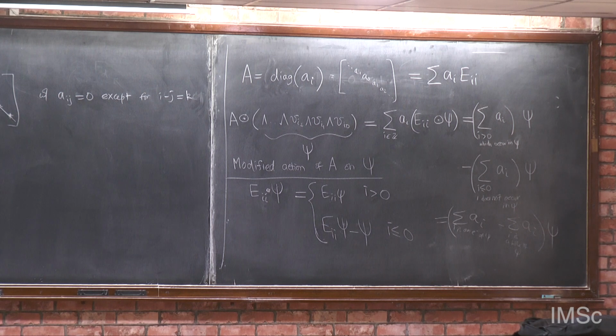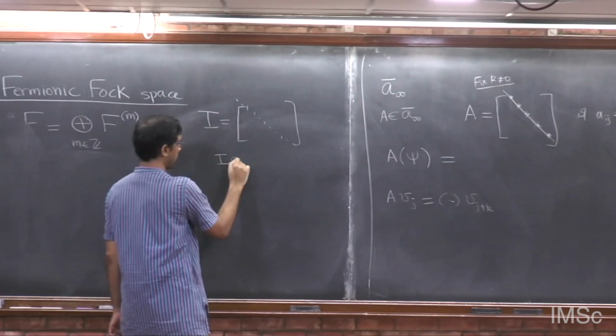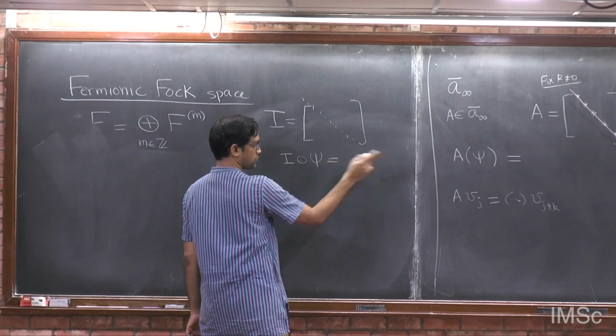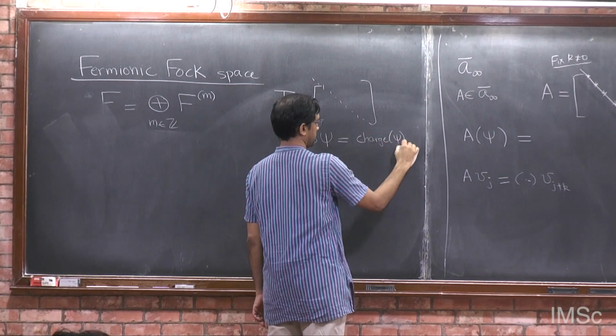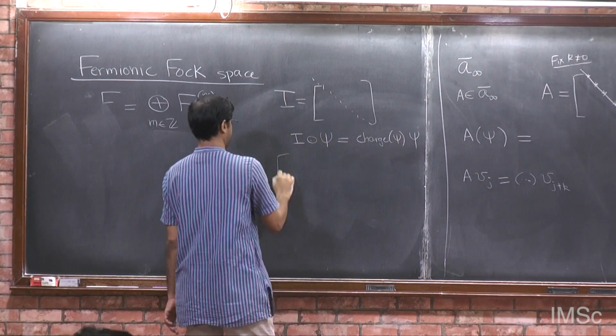Observe the identity operator has diagonal entries all ones along the main diagonal. So the new action of that on psi is just the charge of psi. For energy, you need to put i, a_ii equals i.